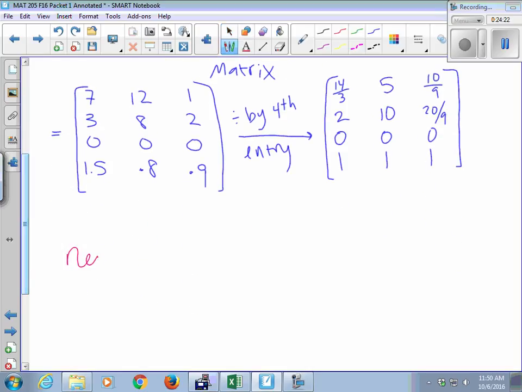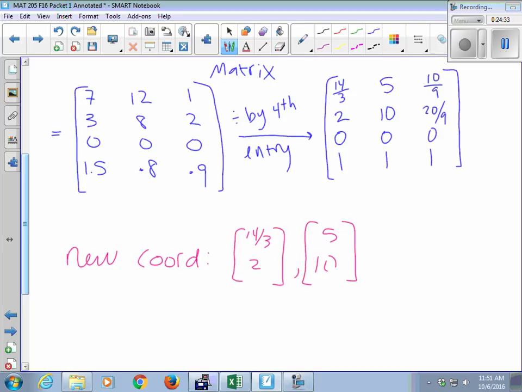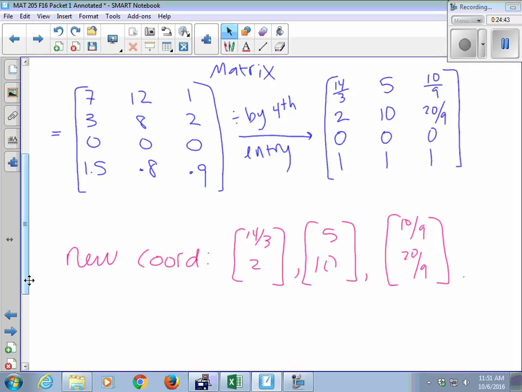So my new two-dimensional coordinates are 14 thirds, 2; 5, 10; and 10 ninths, 20 ninths. Questions?